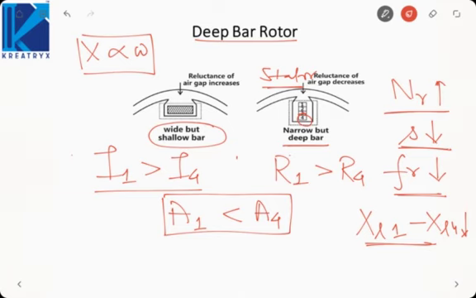If the rotor bars' reactances become equal, then current will get uniformly distributed between rotor bars 1 to 4. So current will spread from 1 towards 4 and be more uniformly distributed under running conditions. So effectively it faces a higher resistance during starting, and during running conditions the current is uniformly distributed in the entire rotor bar. So that is the design of the deep bar rotor.